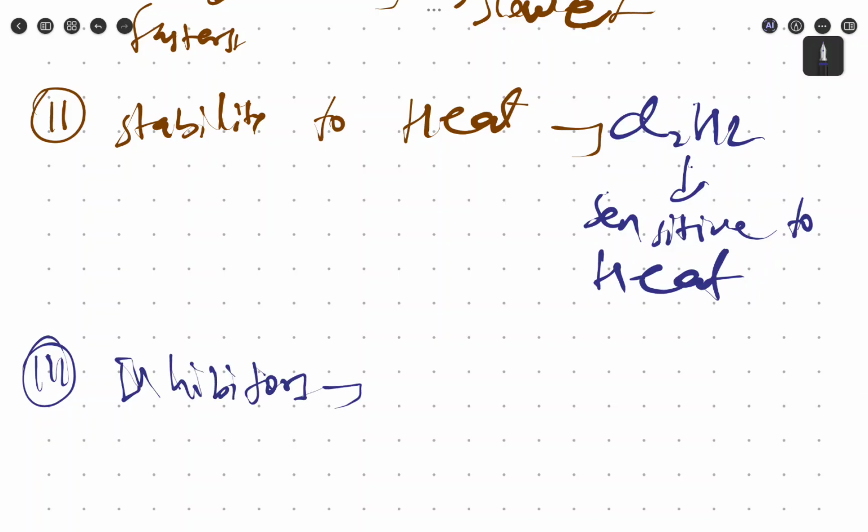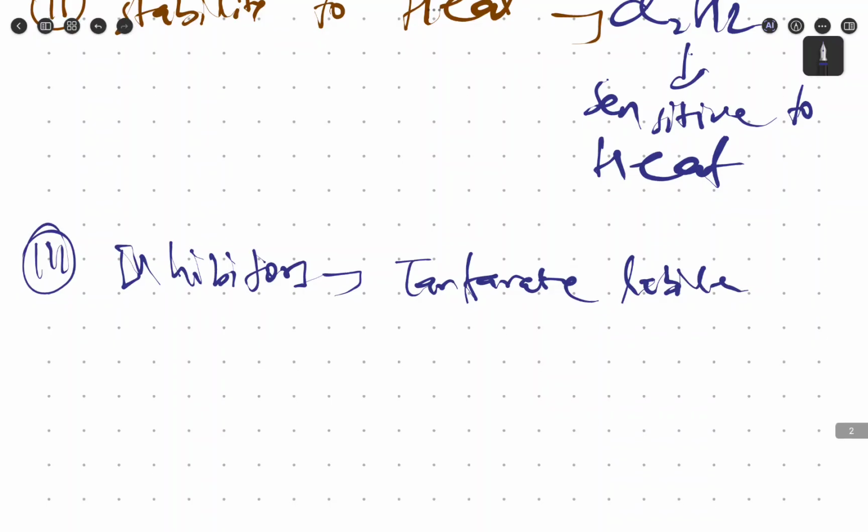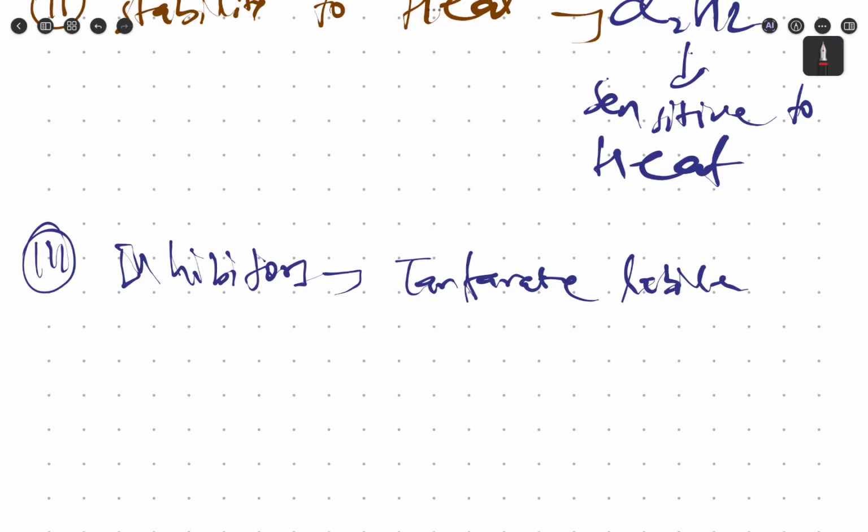All right. So some are tartrate labile. And one more thing, tartrate labile acid phosphatase.